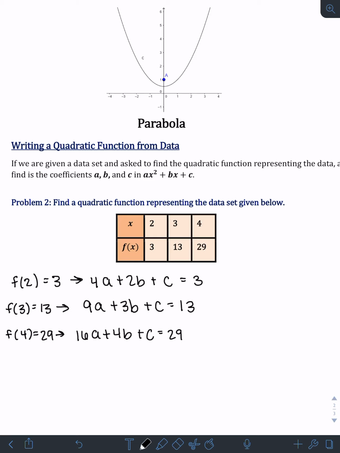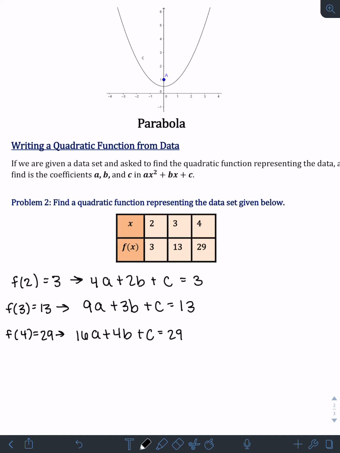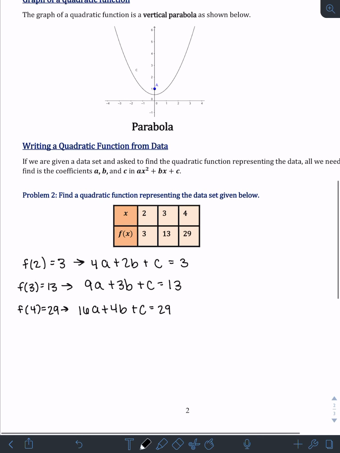So then for solving these equations for a, b, and c, since we have a system, we can do a couple different things.